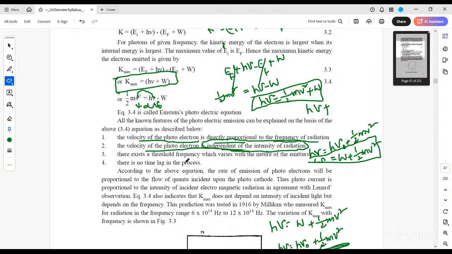What is the threshold frequency? Suppose I am increasing the frequency.